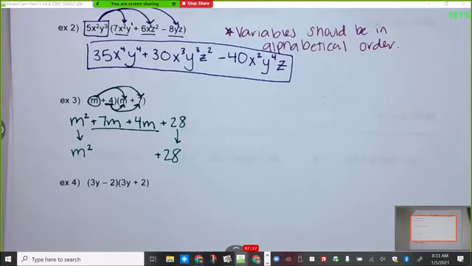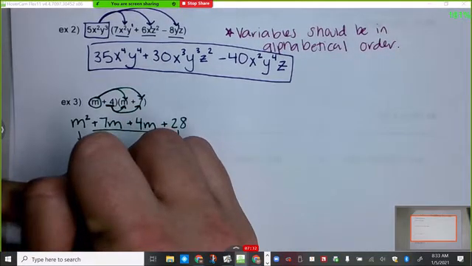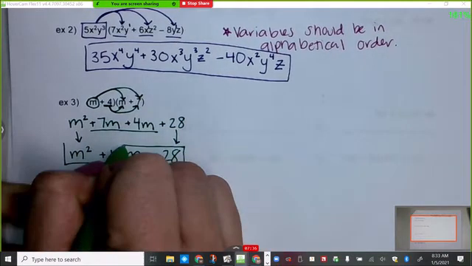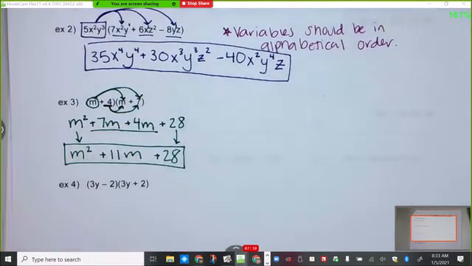And what's 7m plus 4m? Positive 11m. Any questions with that?